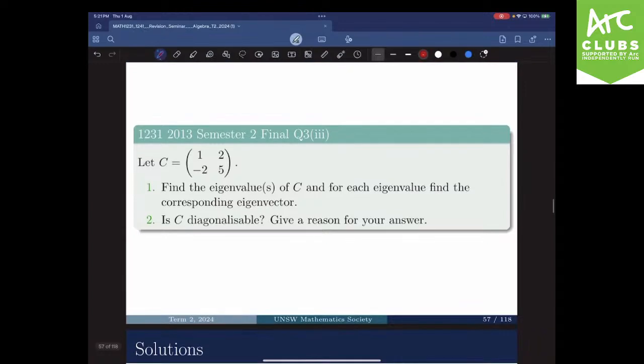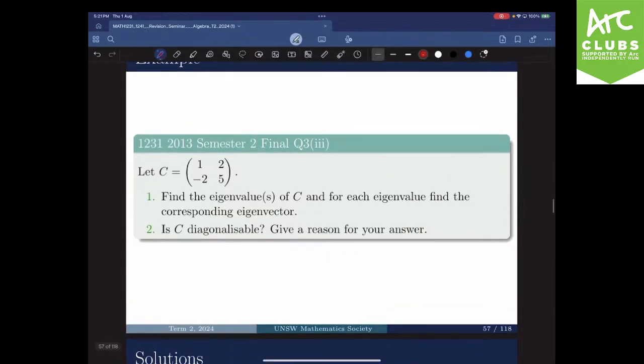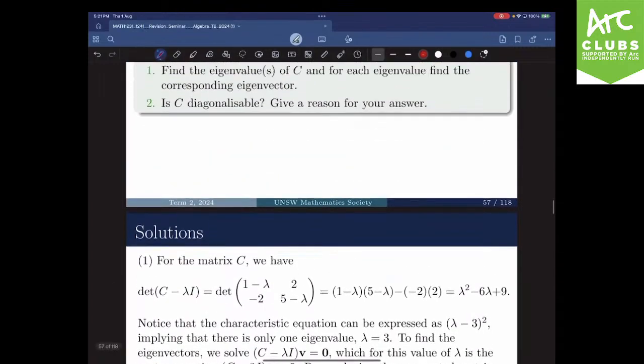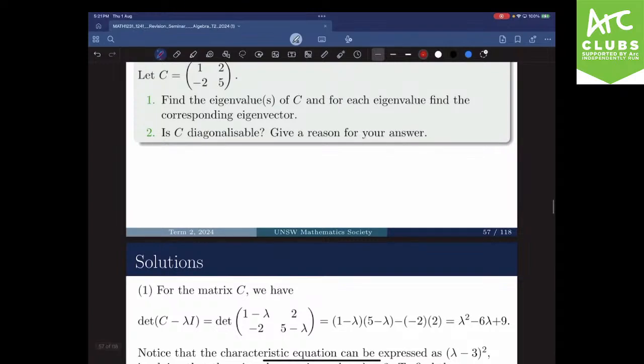So we'll demonstrate with this example question here. Let C equal this matrix here, and we have to find the eigenvalues of C, and for each eigenvalue find the corresponding eigenvector, and also find whether C is actually diagonalizable. Let's look at just part one for now.